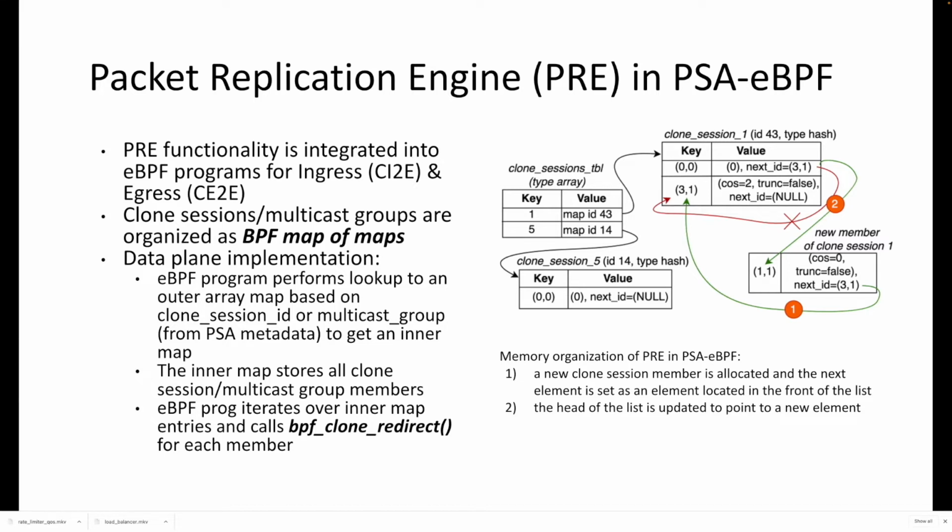And then the eBPF program iterates over the inner BPF map and calls BPF clone redirect helper for each member. This method enables linear complexity when performing packet cloning, and the complexity depends on the actual number of members configured.